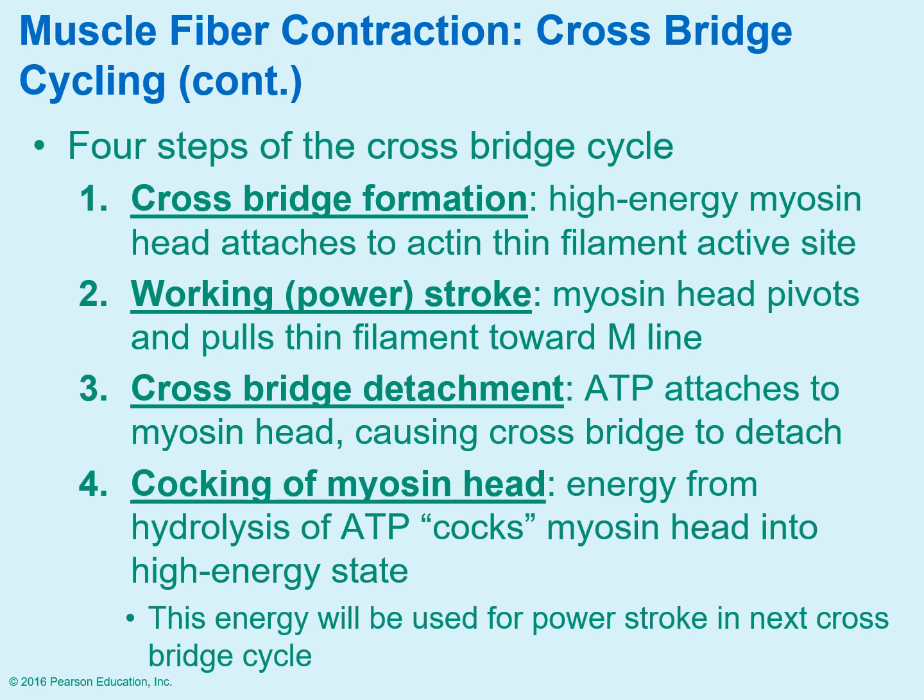Think of being in a boat with oars, if you've ever been in a rowboat or a canoe. You put the paddle in the water, and then you have to pull it. Then you have cross bridge detachment. This is going to involve ATP, and then the myosin head has to cock, kind of get into position for the next stroke.